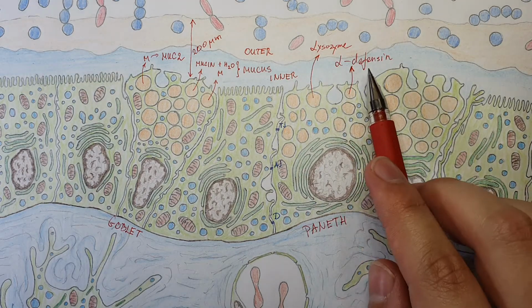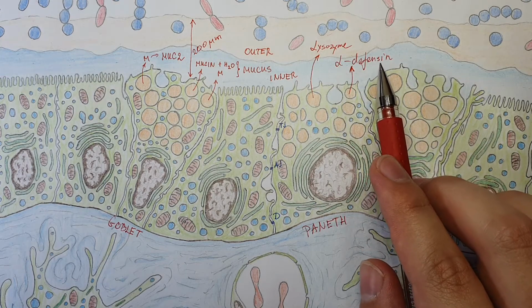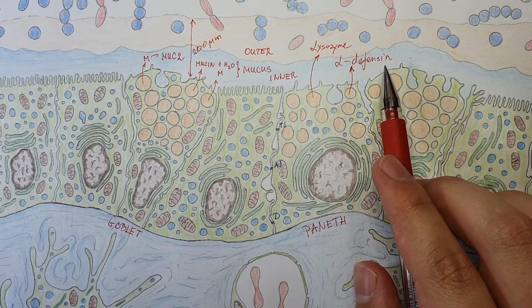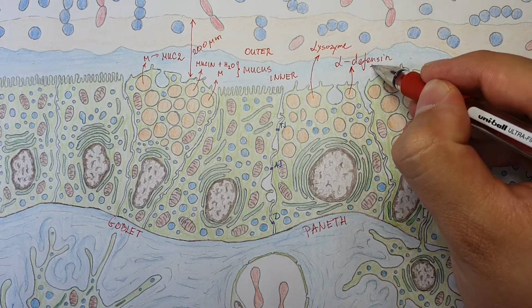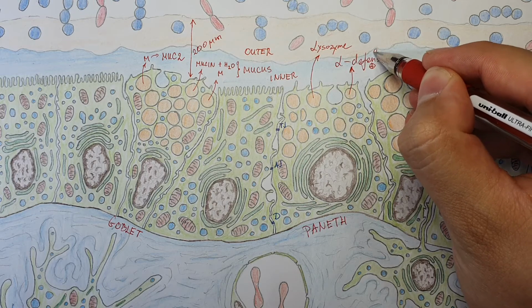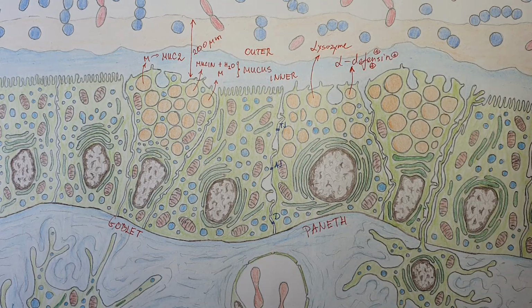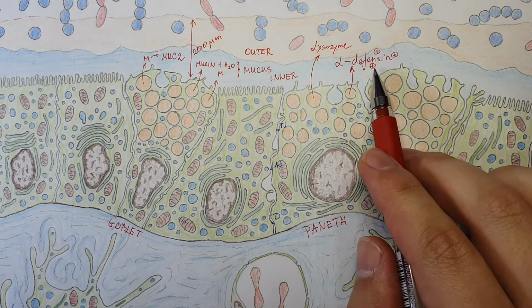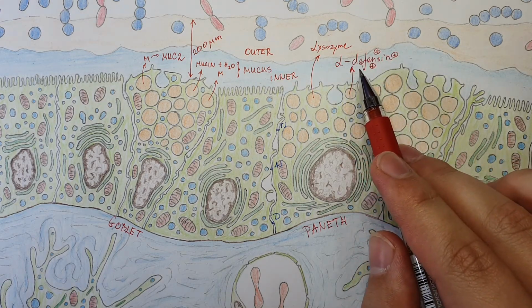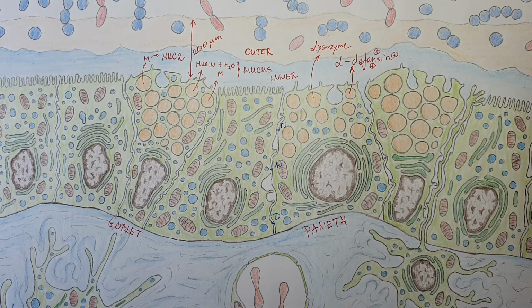So alpha defensin is a protein that basically has many positively charged domains, and it can insert itself into the membrane of microorganisms, and the membrane of bacteria has many phospholipids that are negatively charged. And by inserting itself in the membrane, it will disrupt the membrane function and thus probably destroy the bacteria.